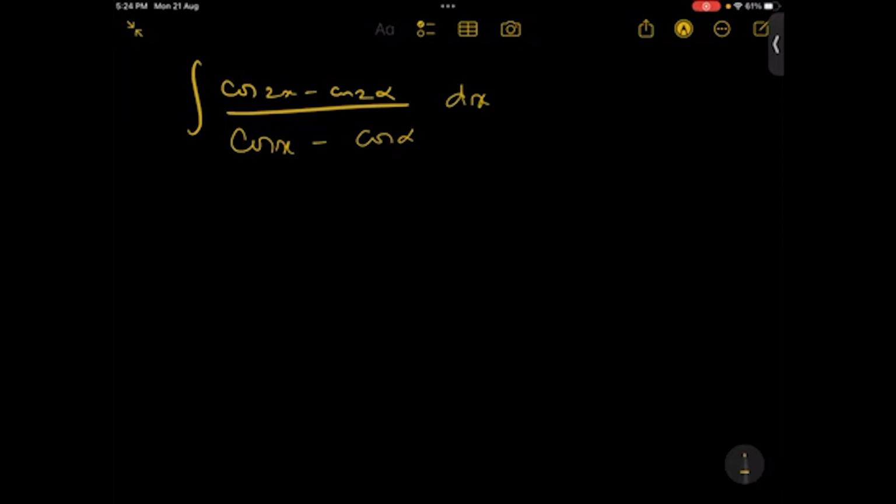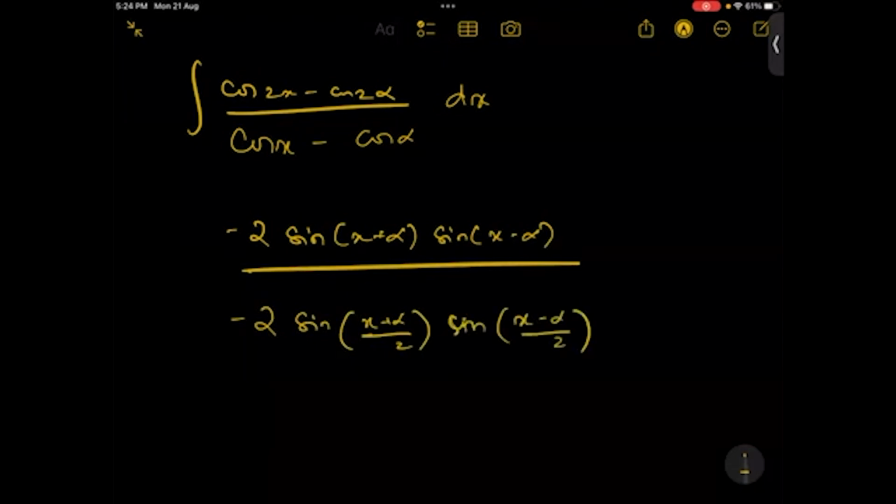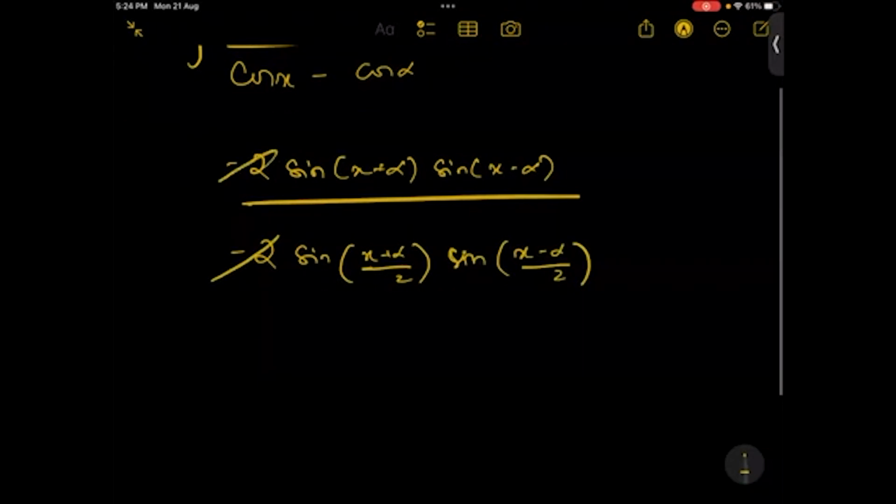Okay, I'll write it again. Minus 2 sine of x plus alpha into sine of x minus alpha, and minus 2 sine of (x plus alpha)/2, sine of (x minus alpha)/2, minus 2 and minus 2 got cancelled.